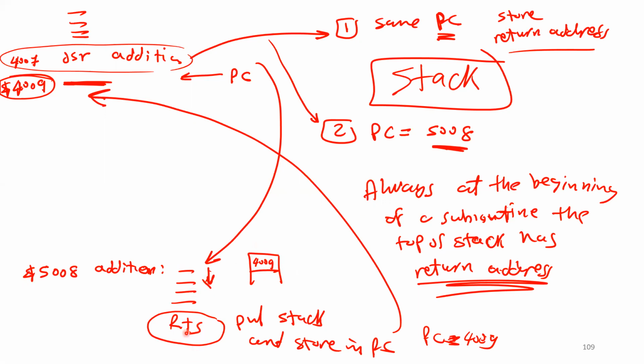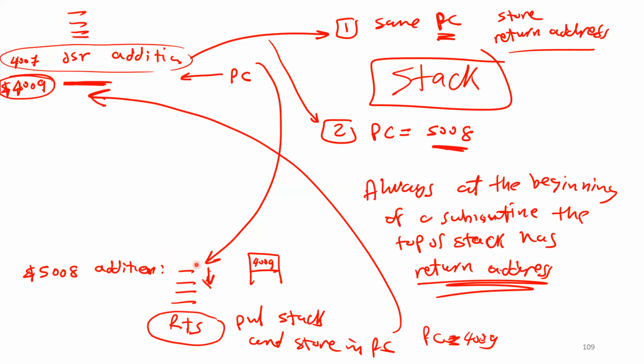Number two, when I come to RTS, this is important. Listen to me. Look, I'm writing it here. Always at the beginning of a subroutine, the top of the stack has the return address, where we are going to come back. Number two, when I come to RTS, it is going to take whatever is on the top of the stack and put it in PC, so that I come back to here. You got what I'm saying?